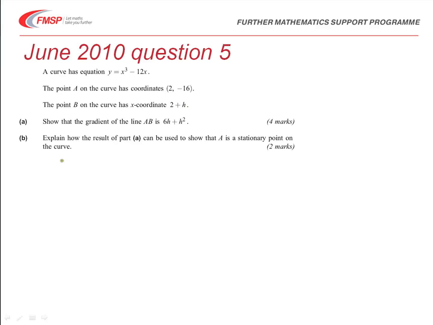So to obtain the y coordinate of B, we need to substitute its x value into the equation that we're given to find the y value. So the y value will be equal to 2 plus h cubed, because that's the x value, cubed, minus 12 lots of that x value.